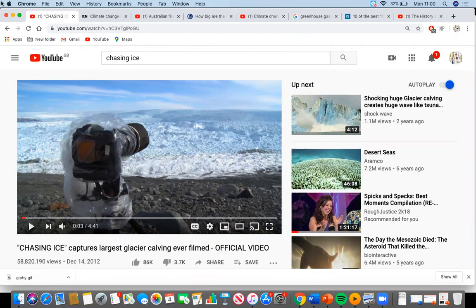So they set up a camera and they watched a glacier, and what happens is what we call a calving event, and that's when a big chunk of a glacier goes into the ocean. So this is what it looks like at the start.